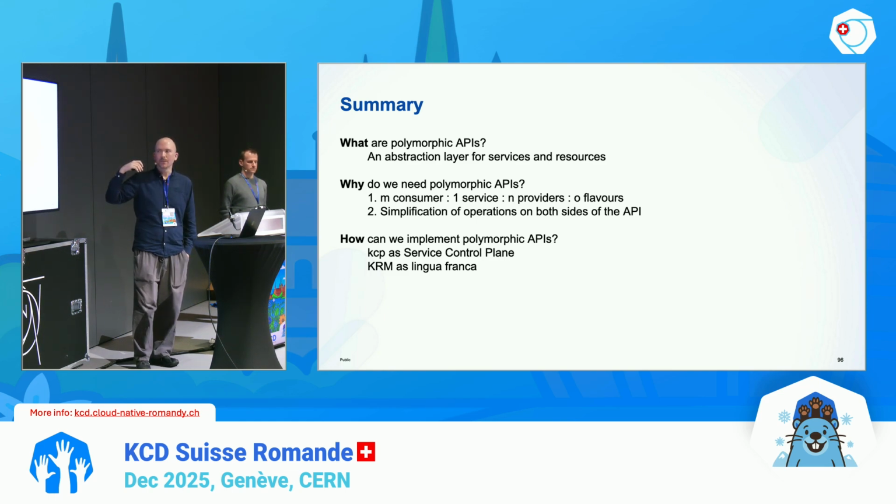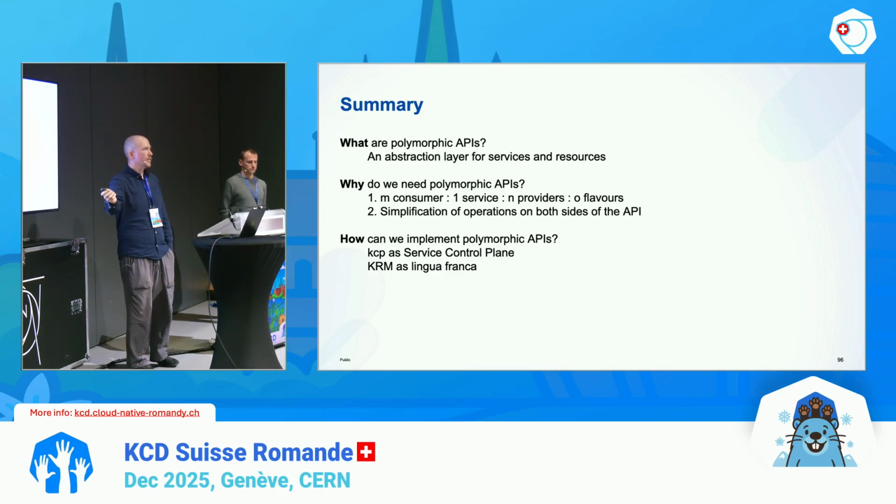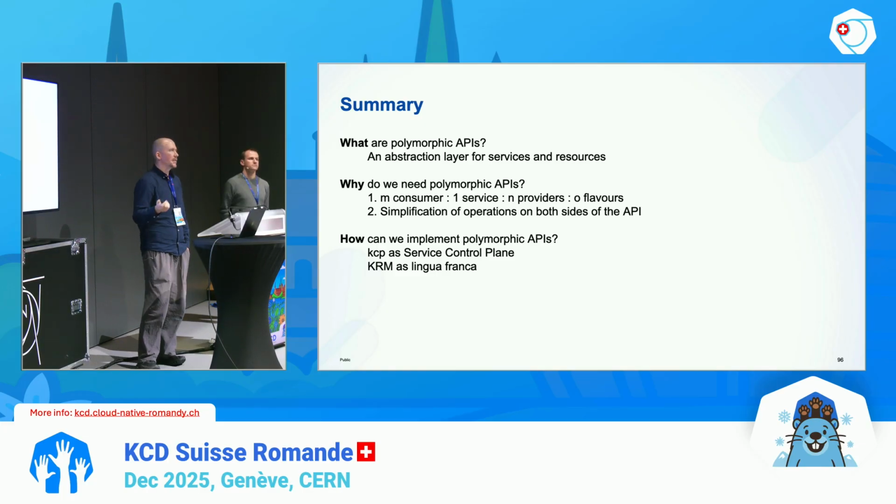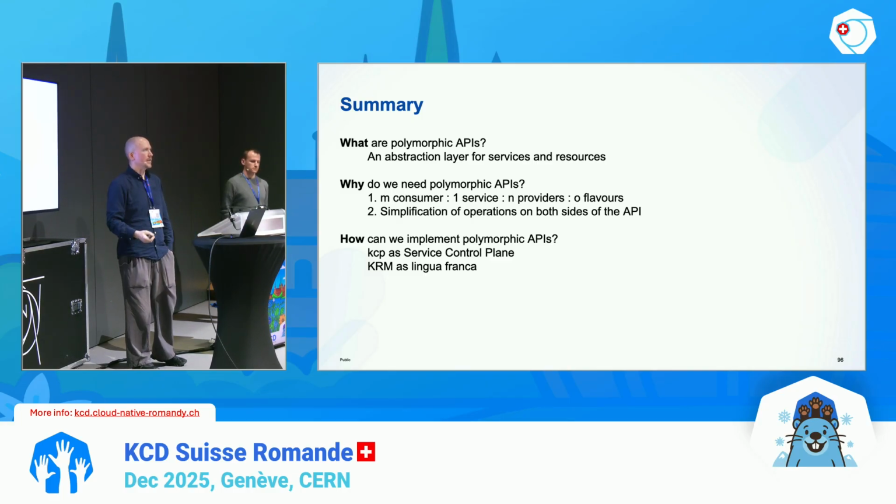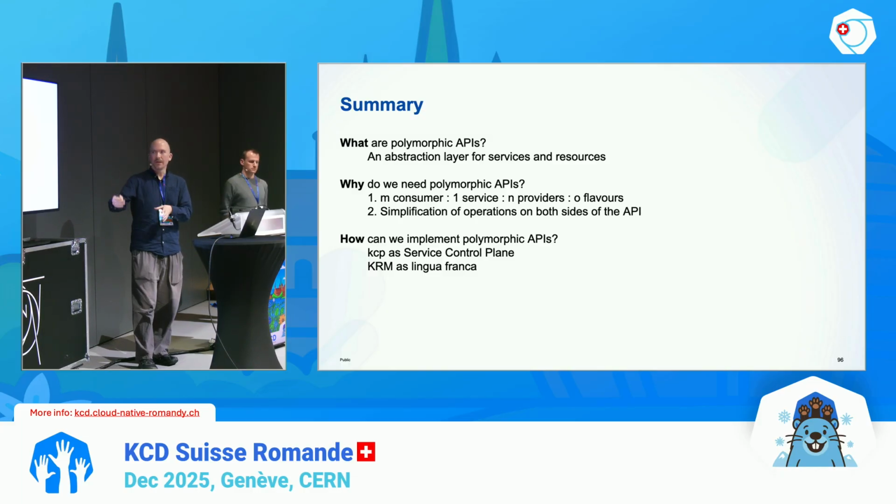And this allows us to simplify operations on both sides of the API, because consumers can mock their services based on the APIs, and providers have a reduced set of standards that they can implement. And because they can implement different flavors, they can also do, for example, blind tests, where they deploy a new version of their service alongside and give it 10% of the requests, just like you do in web development.